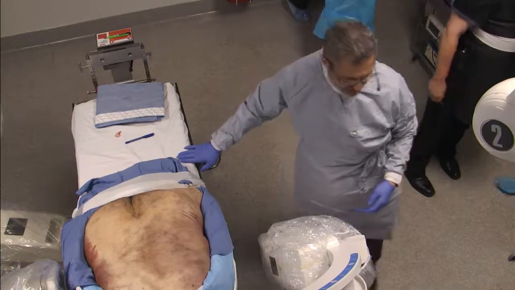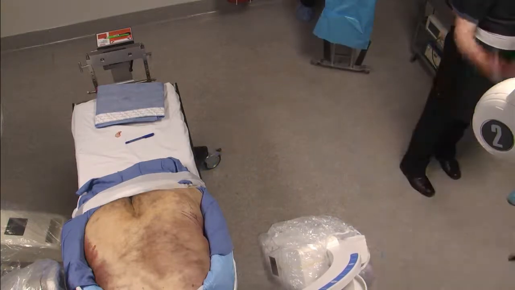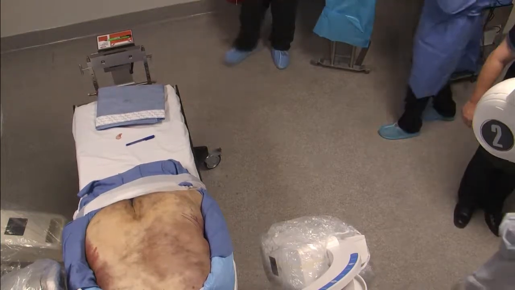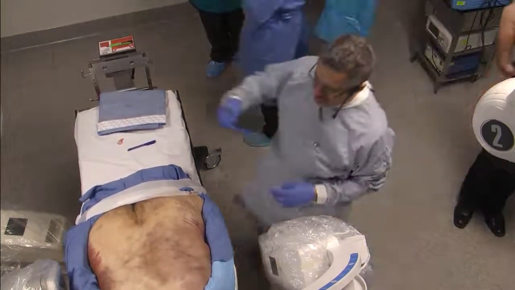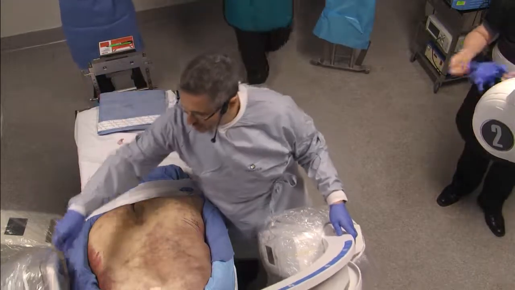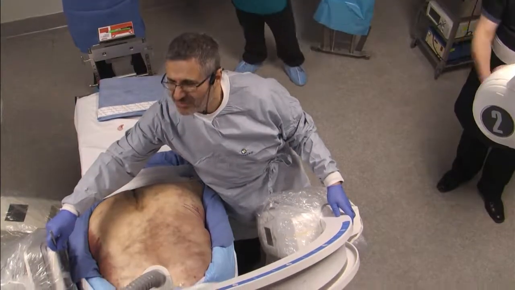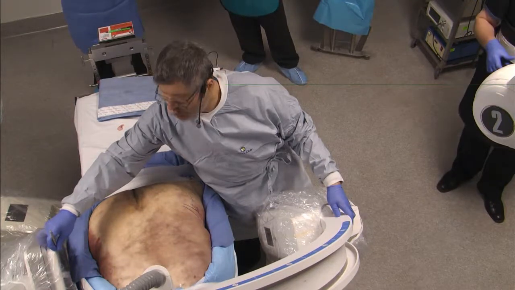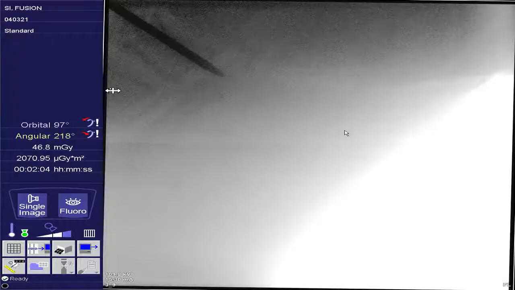Can we bring the table down a little? You got it, thanks. Good, that's it. Now come south a little more. Good, get the X-ray. Actually, your machine needs to go up or the table needs to come down.